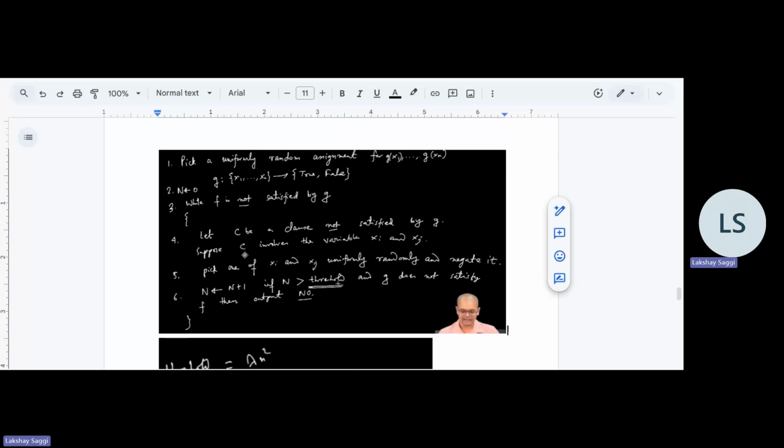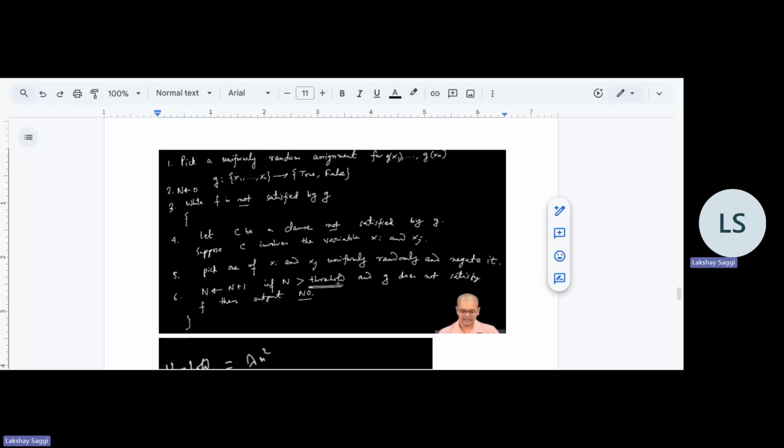Suppose C is the clause which is not satisfied, and suppose C involves the variables xi and xj. Then pick one of xi and xj uniformly at random. So with probability half, you'll end up picking xi, and with probability half, you'll end up picking xj, and you just negate it.